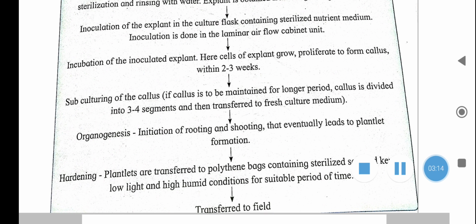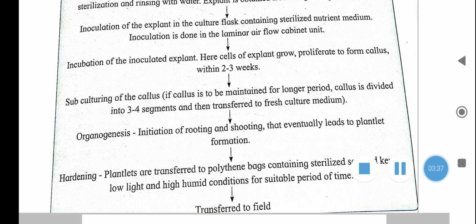Here cells of the explant grow and proliferate, that is multiply, to form callus within 2 to 3 weeks. Subculturing of the callus: if callus is to be maintained for a long period, callus is divided into 3 to 4 segments and then transferred to fresh culture medium.